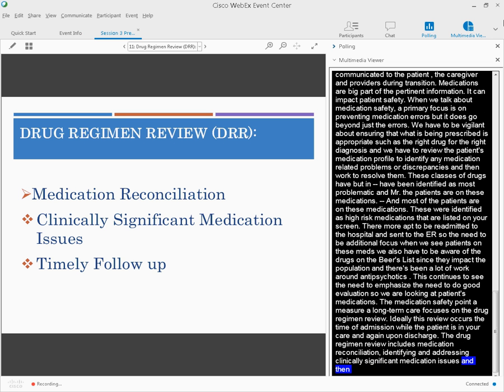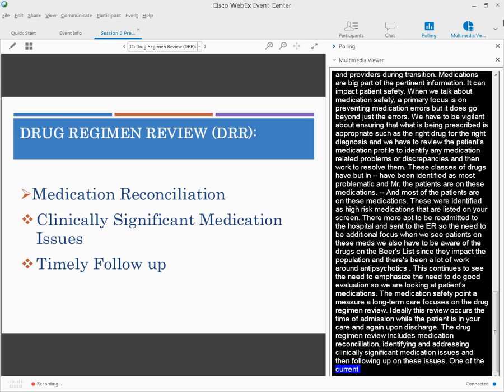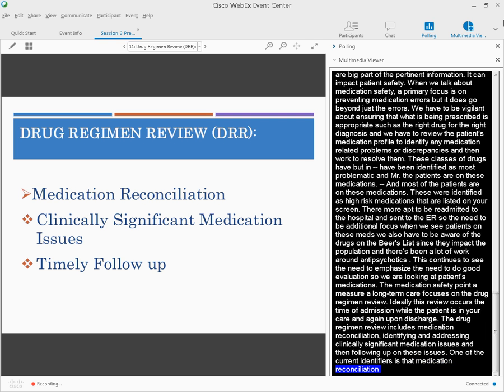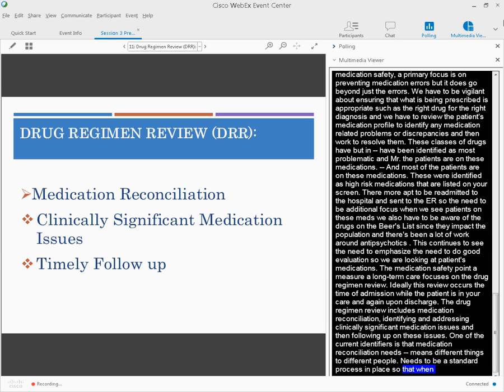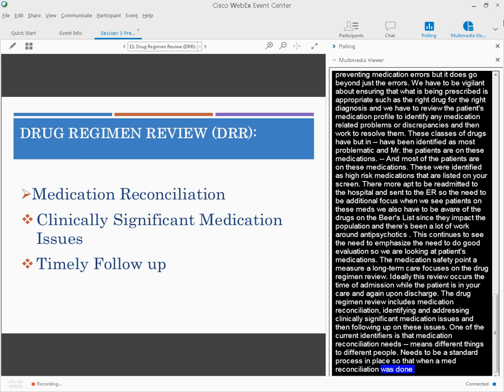One of the concerns that we have identified in the medication safety work is that medication reconciliation means different things to different people. There needs to be a standard process in place so that when a med reconciliation is done, the expectation as to what has occurred is understood by everyone on the team.